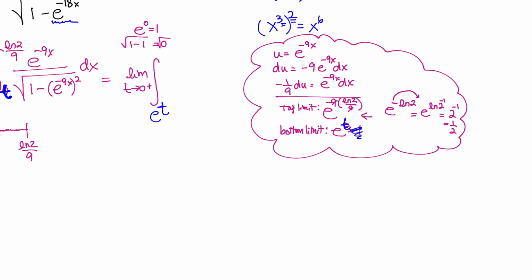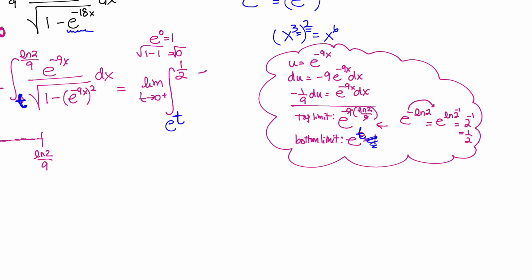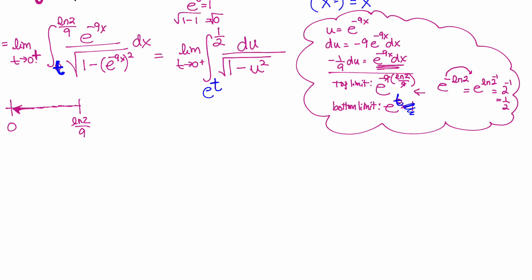I was going too fast. This is 1/2. This is u. Nope. Undo, Tina. Slow. 1 minus u squared du. That gets replaced with du.